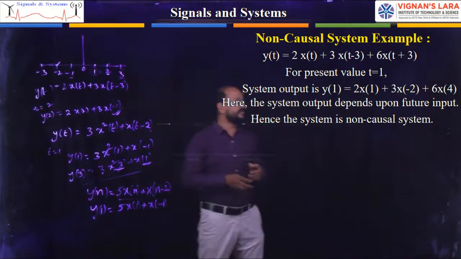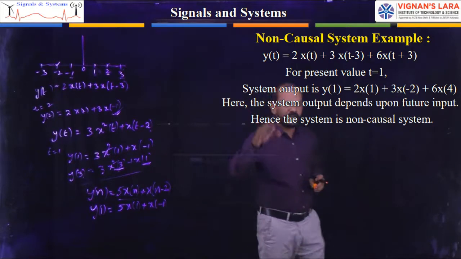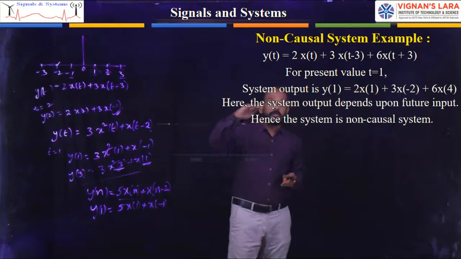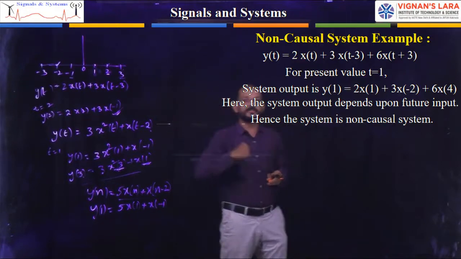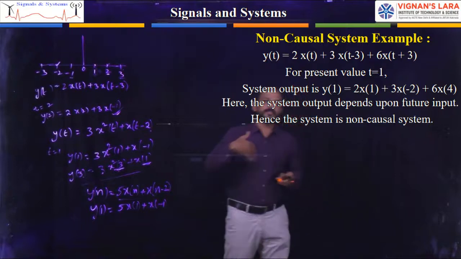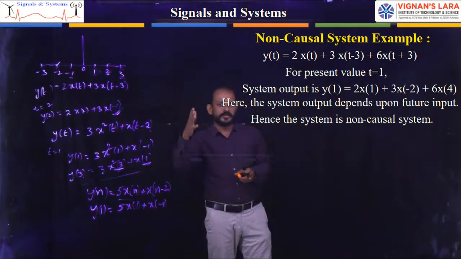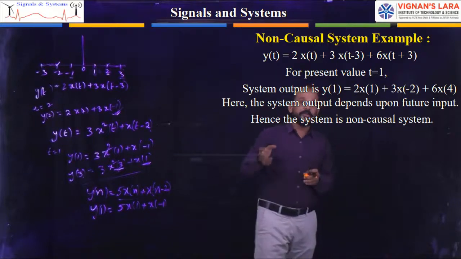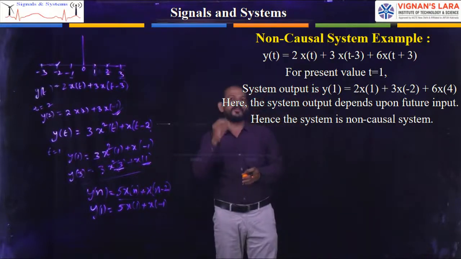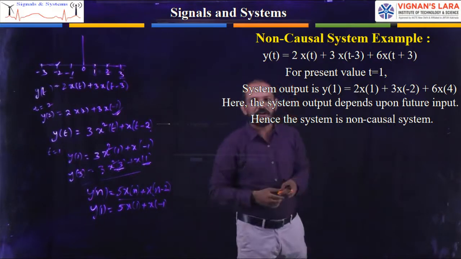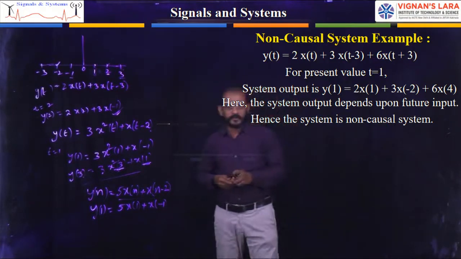A system is said to be non-causal if the output of the system depends on the future inputs along with present or past. It has to depend on future inputs. That is, in that equation, along with the present and past, if you have the value of future inputs, then I can say that system is a non-causal system.